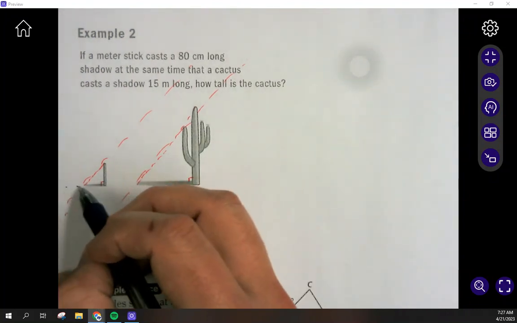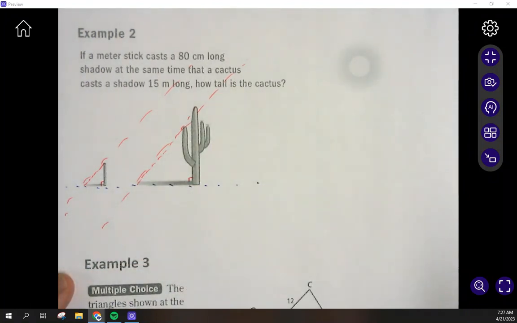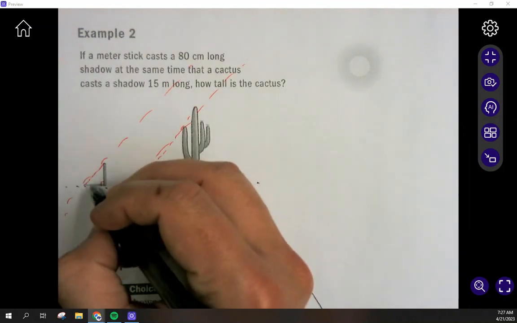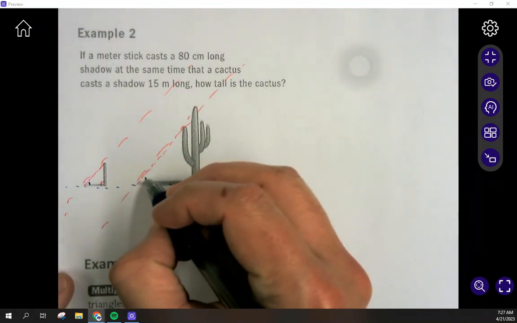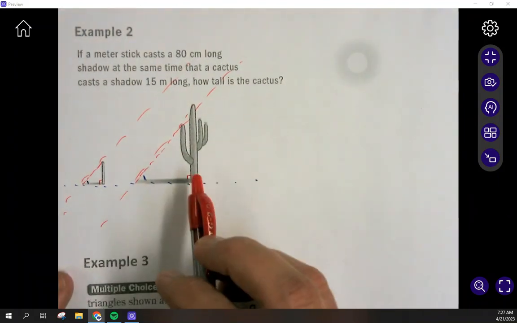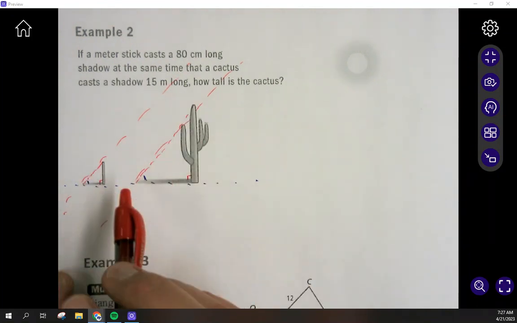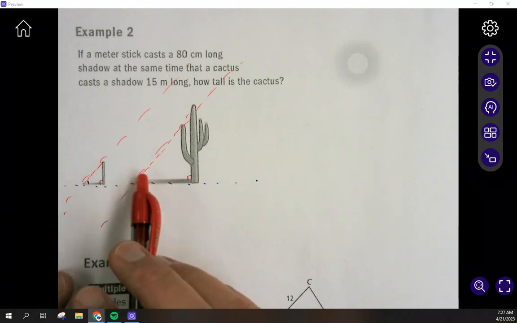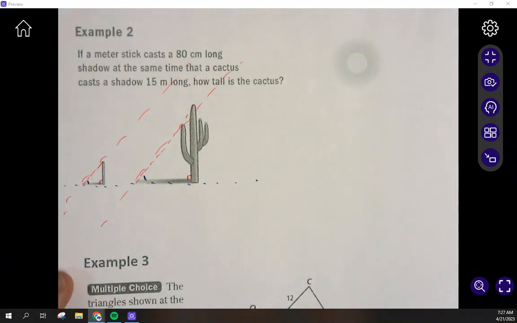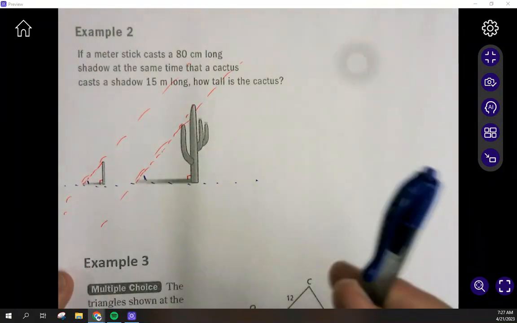And because the ground forms a line here that's cutting those parallel lines, I automatically know that these angles are equal to each other. And so I have the 90-degree angles and I have these angles here, assuming that both of these are straight up and down. So I have enough here to prove that these triangles are congruent. I'm sorry, not congruent, similar.